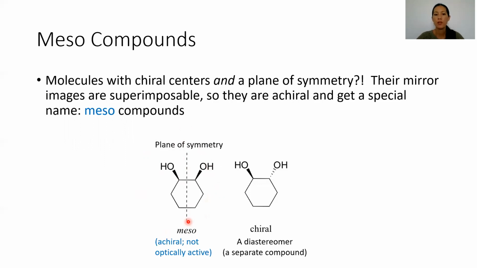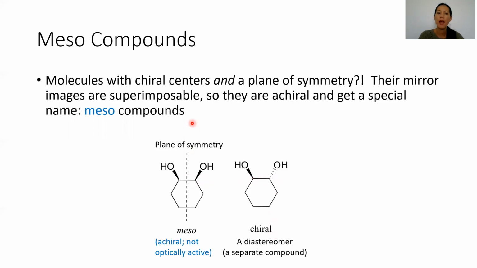So this is a special case where you have chiral centers, but the molecule is achiral. It gets a special name. It's called meso. The biggest way to spot these is to look for a plane of symmetry. If I invert this other center here to get the trans configuration, that will be chiral.